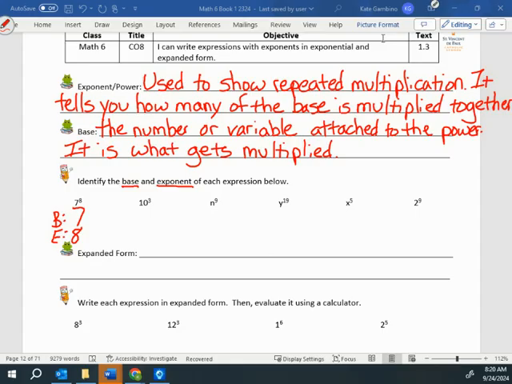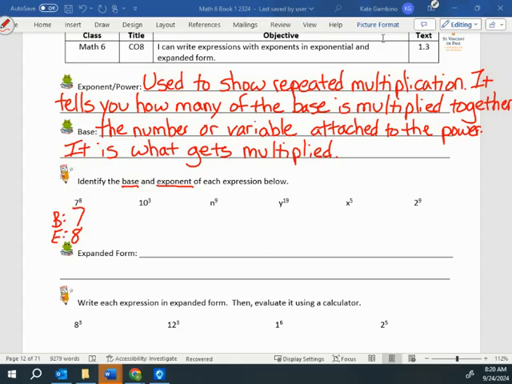We don't use that 8, right? It's 7 times 7 times 7 times 7 times 7 times 7 times 7 times 7. That's how many times we're multiplying by 7. We multiply it by the 8 times, but we only multiply the base. That 8 tells us how many times.